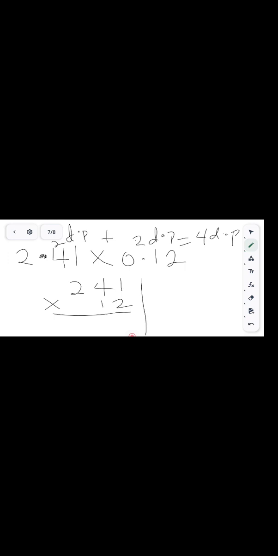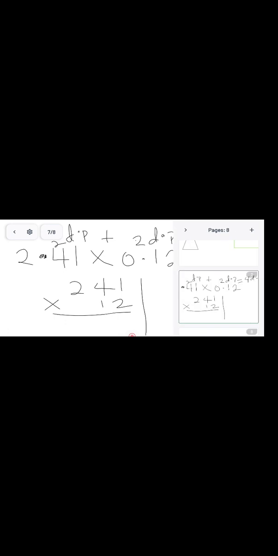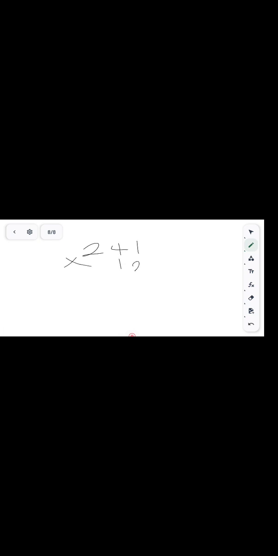So let's continue our multiplication in the next slide. 241 times 12: 2 times 1 is 2, 2 times 4 is 8, 2 times 2 is 4.